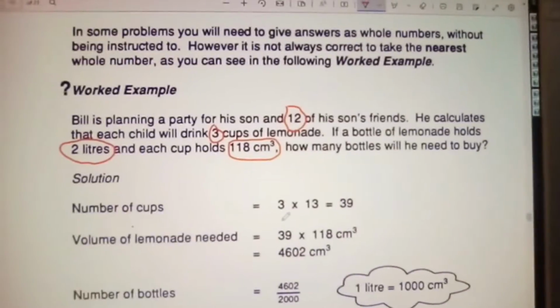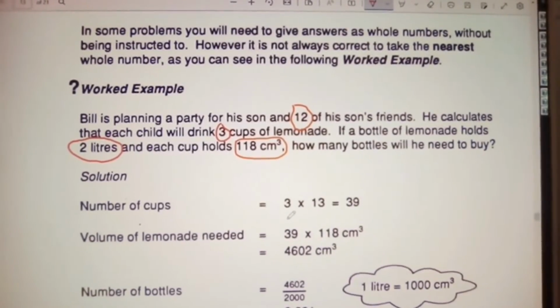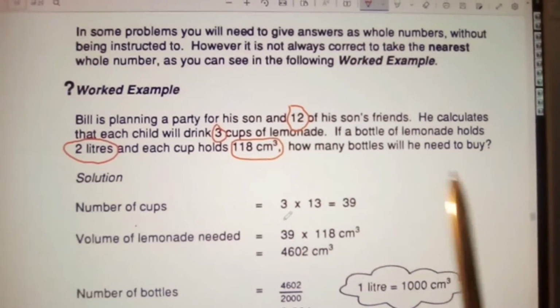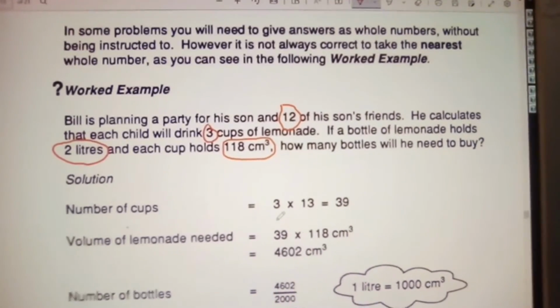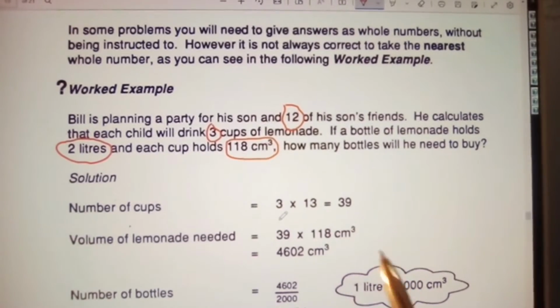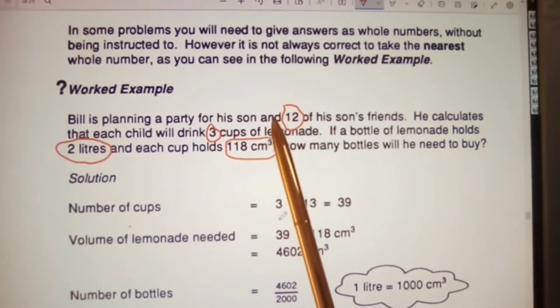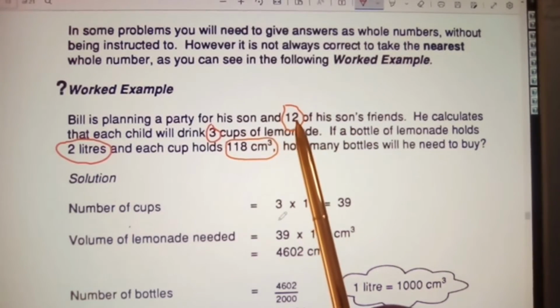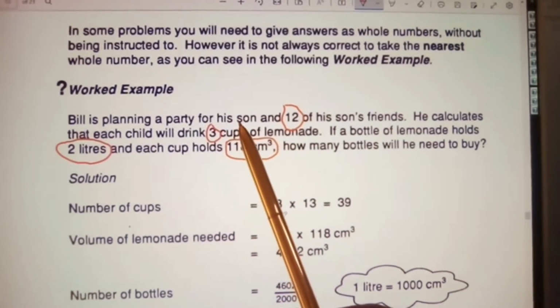now here it's very interesting to see, because it tells you in the question, Bill is planning a party for his son and 12 of his friends. Now you have to take into account 12 of his friends plus his son makes 13.